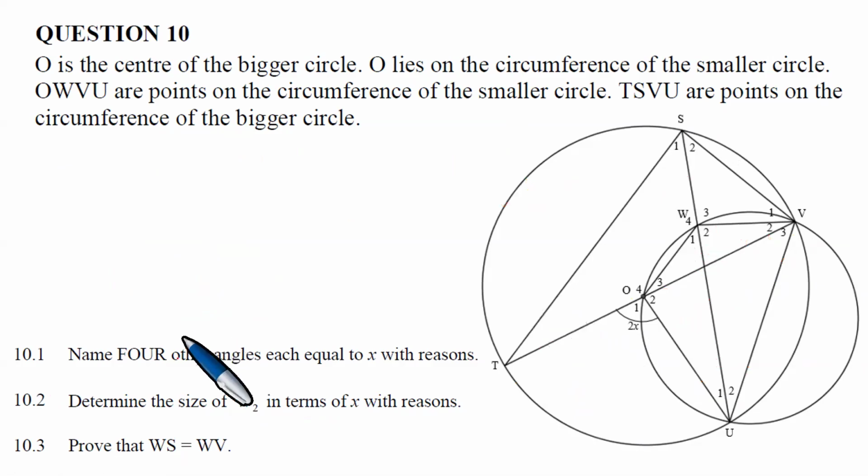But you already know this is X. V3 is also X. S1 is X. And we have knowledge of many more. W1 is X. Prove that WS is WV.